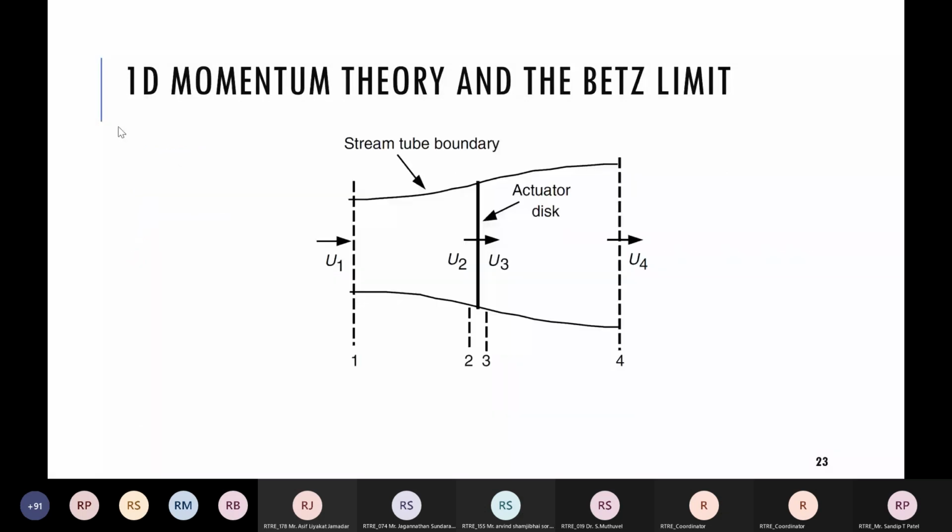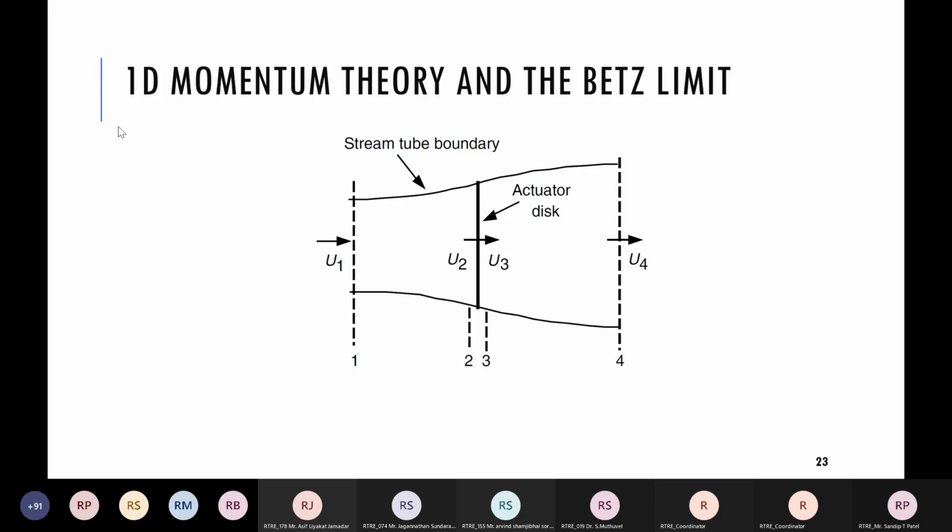So, once the stream tube is assumed, you must understand a few fluid dynamics terms like streak line, streamline, path line. Once you understand those, then you can understand the streamline and stream tube concept. A streamline is just a tangent line to the velocity vector field. Fine.